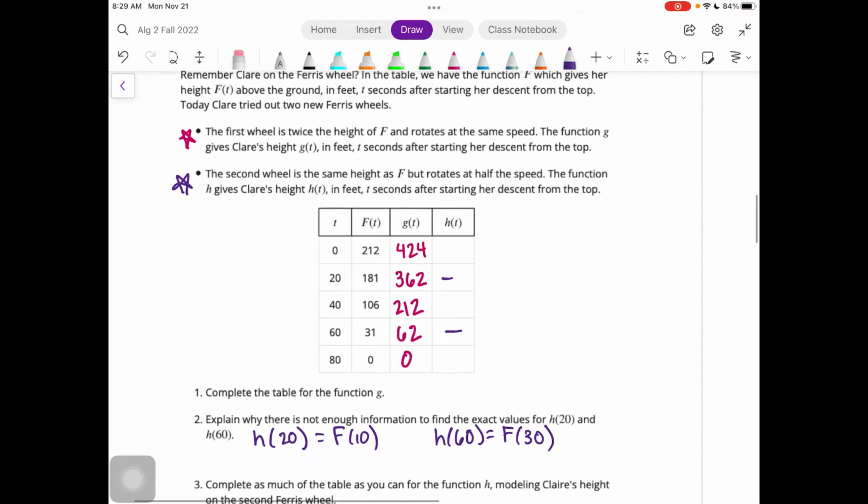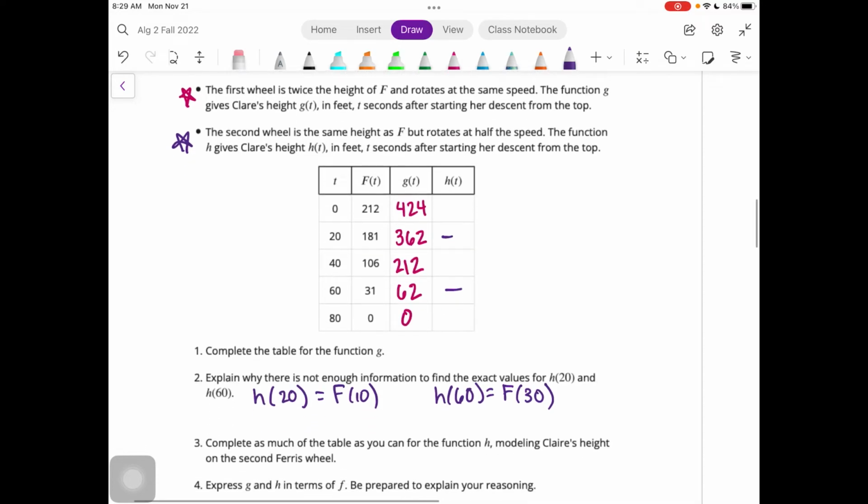But we can find some of the other values because we can find half of t, right? This is going to be h of 0 divided by 2, which is the same thing, so it's 212. I'm sorry, that's not h, that's f.